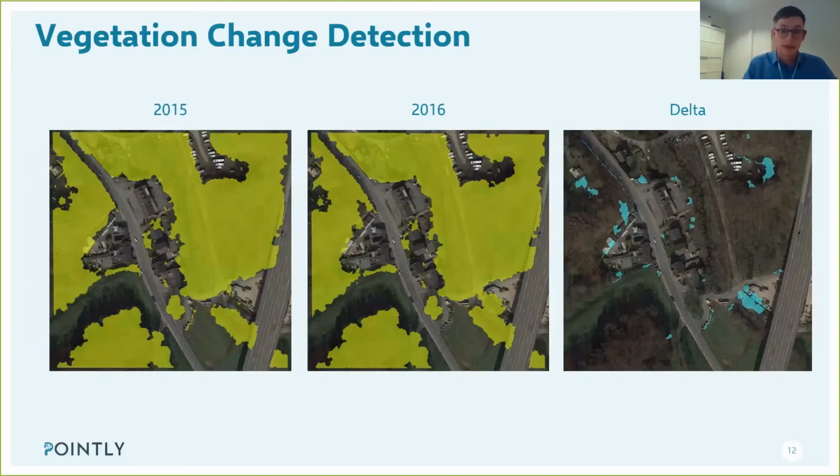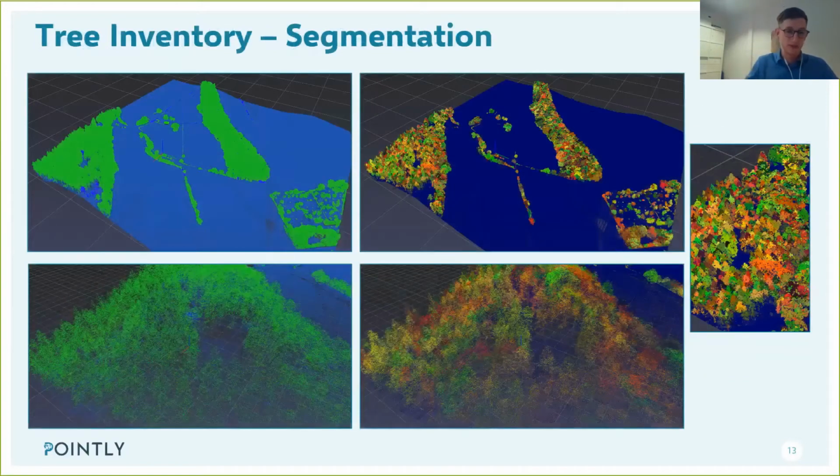What we indeed did for RAC was a tree inventory. So on the next slide, we took it one step further. After we extracted the vegetation on the left images here, we did some further analysis and created some algorithms to separate the single trees.